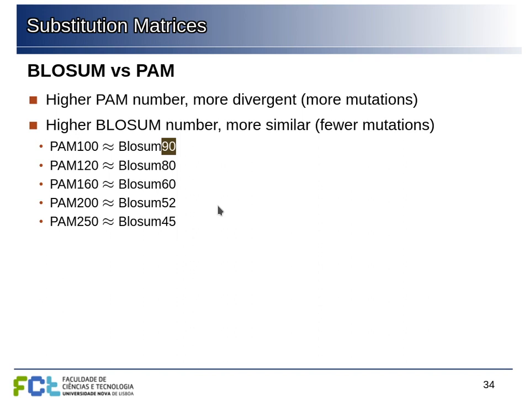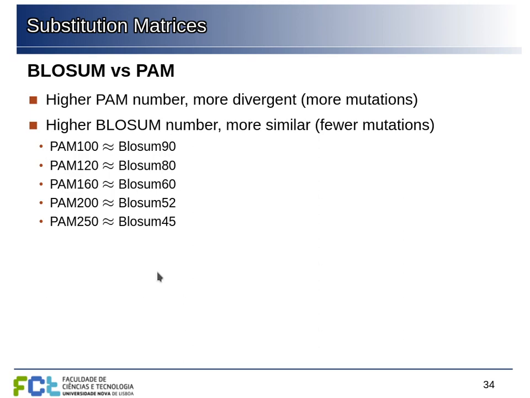So we get a matrix that is more biased towards similar sequences, and so it is closer to what we have in the lower PAM numbers. This is just an approximate correspondence, and we are going to see in a bit why this is important.